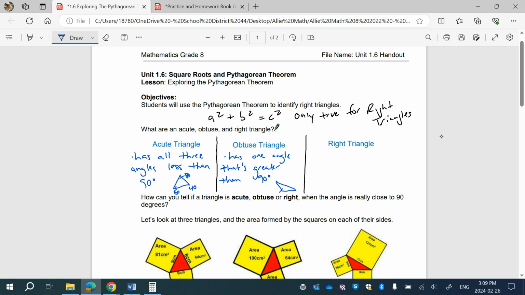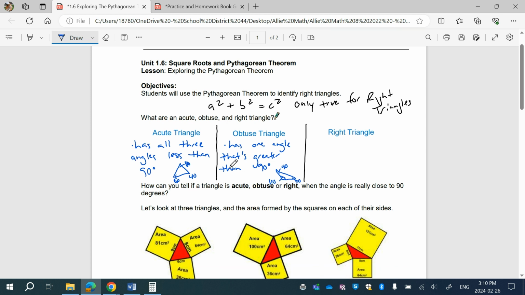This could be, say, 110 degrees, and this could be 40. That brings us to 150. So this one would have to be 30 over here. So that would be an obtuse triangle because it has this big angle that's above 90 degrees. You can't have more than one angle that's greater than 90 degrees because then you wouldn't have enough to add up to 180. So it's only going to be one angle that's greater than 90 degrees.